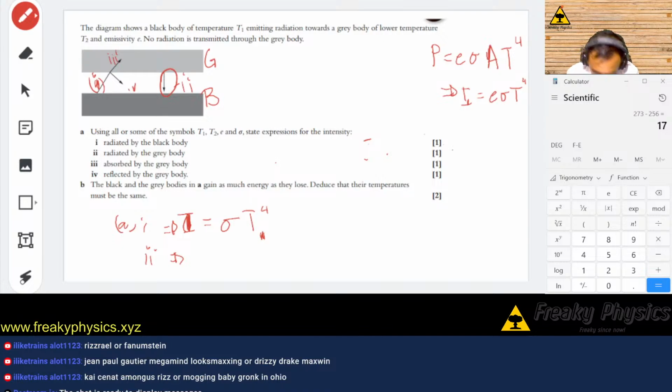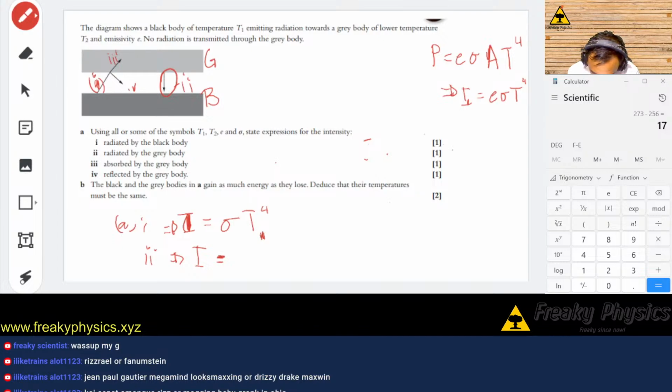Yeah. Okay, great. All right, so part 2, what would the formula be for the intensity of the radiation radiated by the gray body? I equals P over A. P over A, yeah. Power over area.